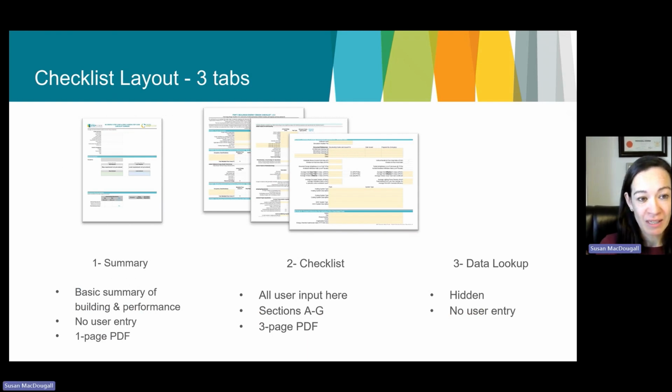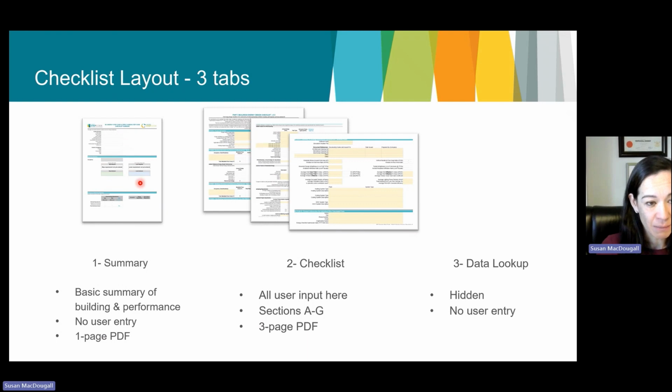So when you open the checklist itself, you'll notice that within Excel, there are 3 tabs. So this first tab is the summary page that I just mentioned. And it's a basic summary of the building itself and its performance. So we'll go into more detail in the next section of the recording, but up here is where information about the building, like its type, location, size, that's all summarized.